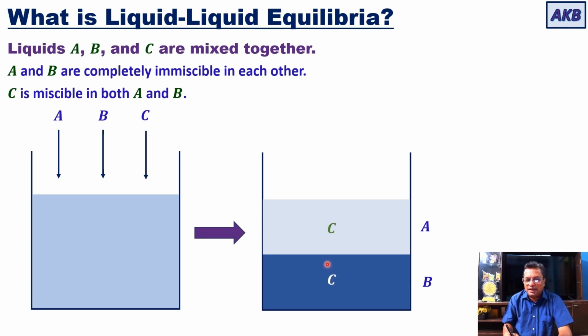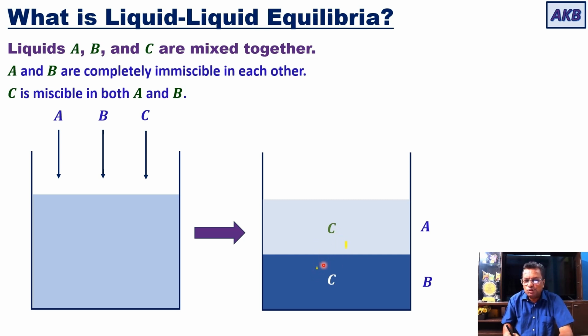And as the mixture is separated into two liquid phases and C goes in each liquid phase, what is actually happening is that C is moving from liquid A to liquid B, and at the same time it is moving from liquid B to liquid A. But after sufficiently long time, what happens?